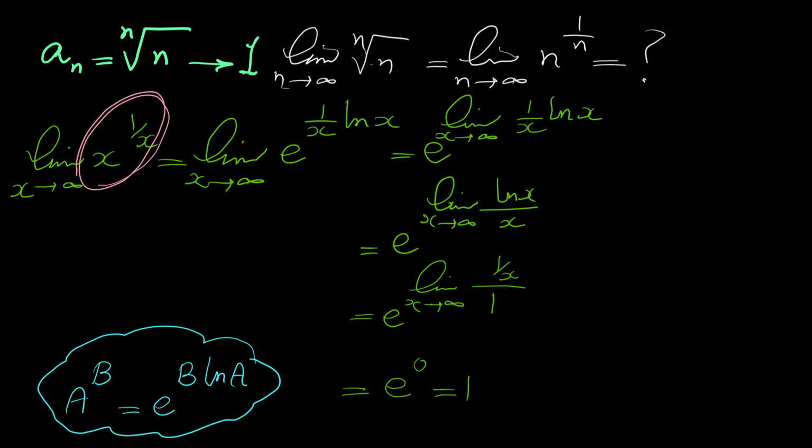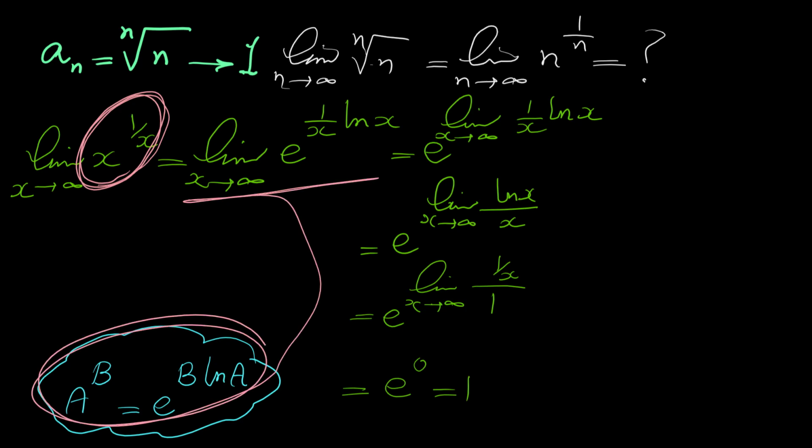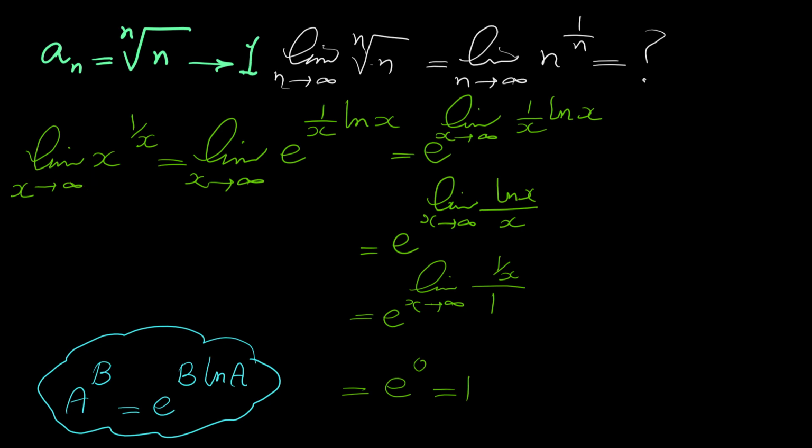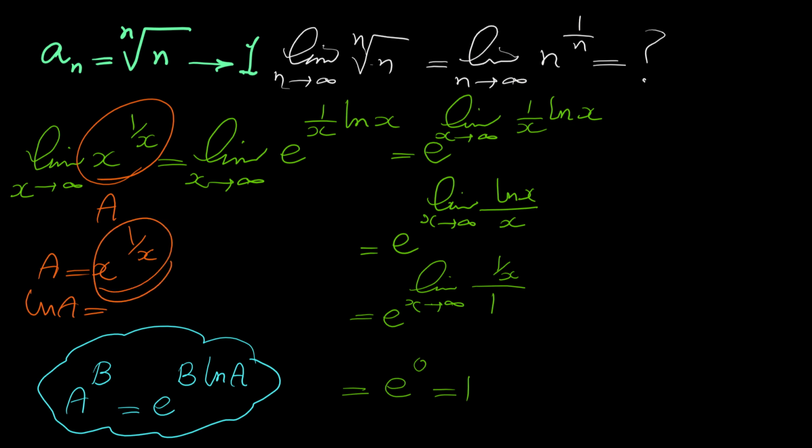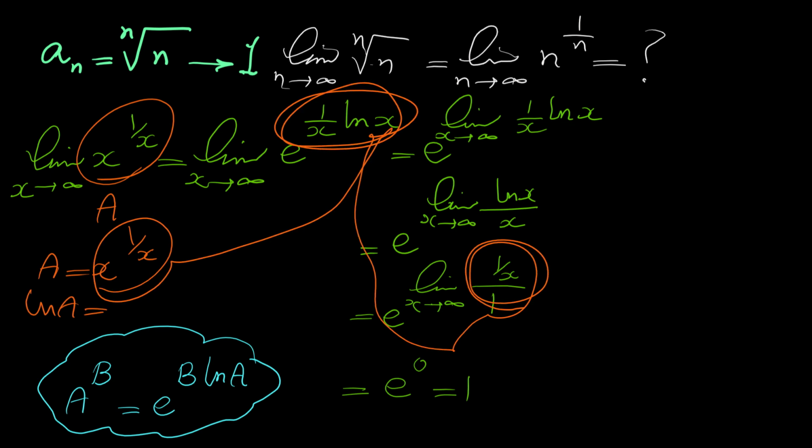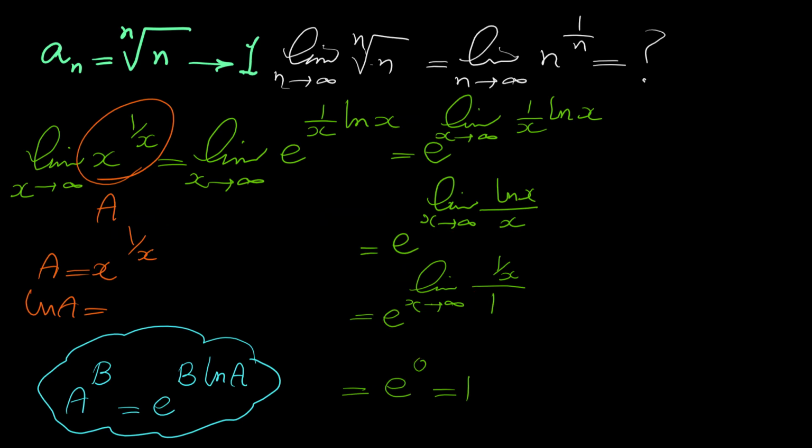For finding this limit, another way other than using this relation, which is a very good idea, is that in many textbooks they name this something like y or u or a, whatever, and then after they consider this as a, they take ln from both sides and get to here, they find this limit, and at the end they raise their answer to the power of e. But I thought that this method is maybe a little better for here at least.